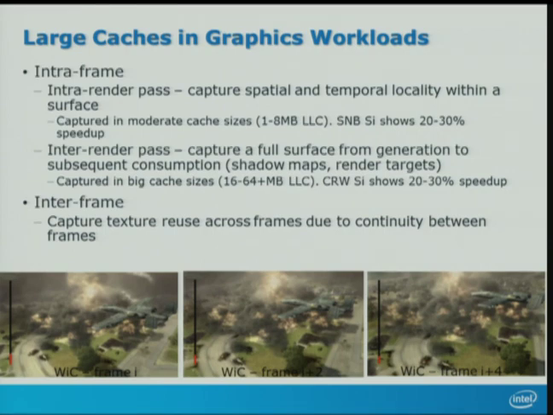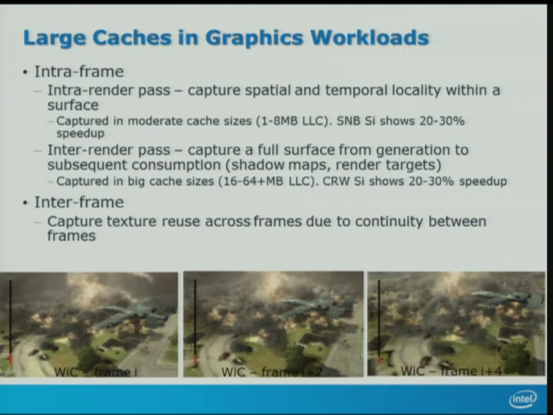When you look at a cache that is in the 16 to 64 megabyte range and above, you can get another 20 to 30% speedup by reusing the collateral that is in the first frame, the second frame, and the next frame. Just looking at this educational application, you can see that something like the airplane gets reused, and a lot of the textures for smoke and so on get reused.